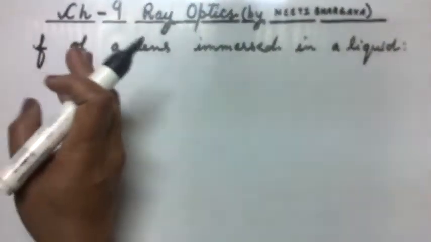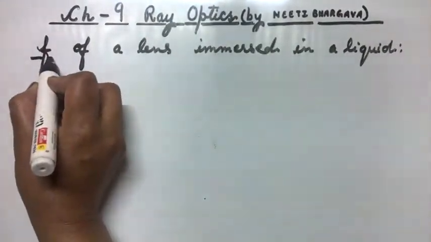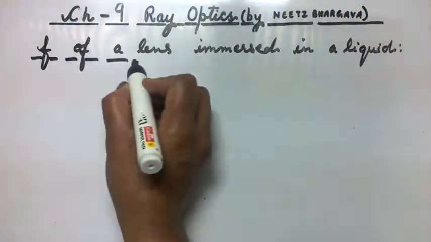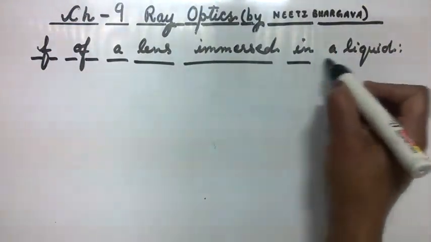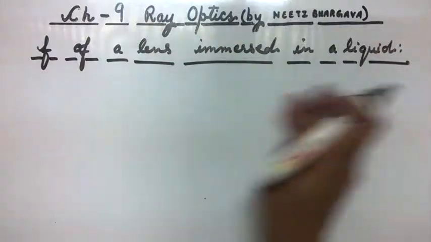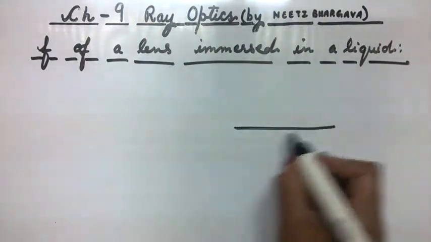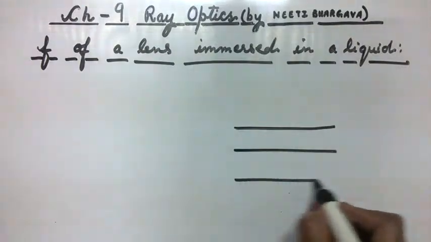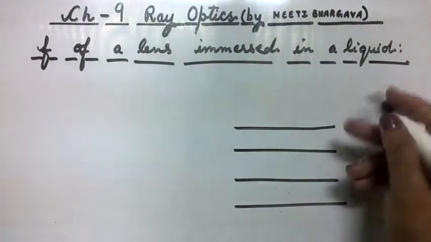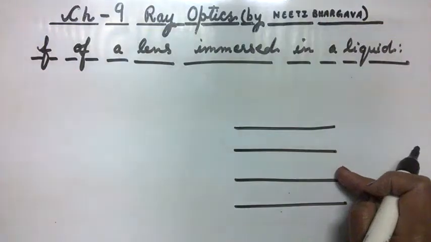So in order to find the focal length of a lens which is immersed in a liquid, first recall the refractive index which we have already calculated for multiple mediums.